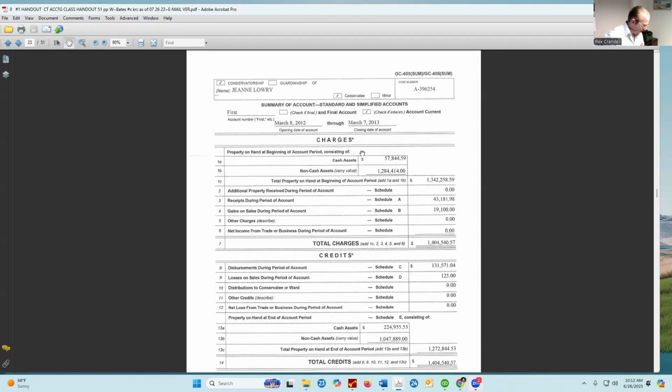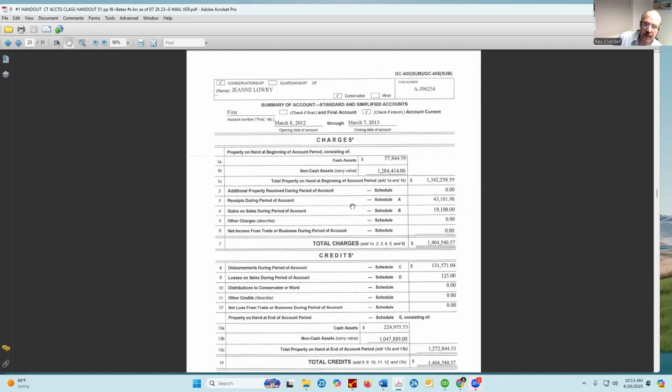The way you can think of charges and credits is that you're charged with responsibility for that money, and if it disappears, you're going to be charged with personal liability for that money. The credits have nothing to do with credit cards. Credits are where you're relieving yourself of personal liability on these funds because of appropriate disbursements with proper documentation.